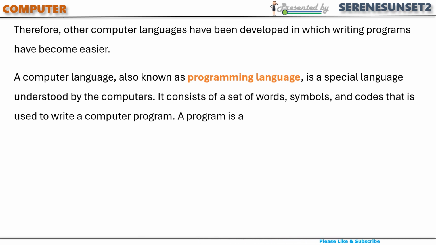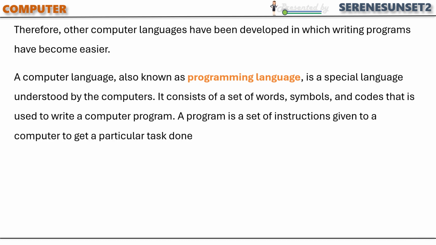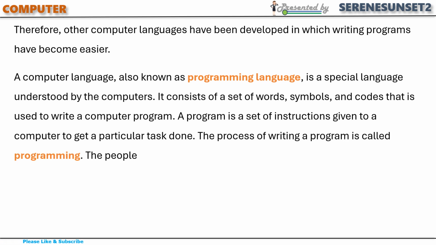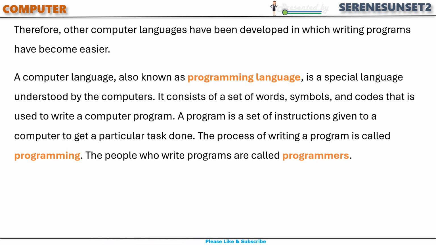A program is a set of instructions given to a computer to get a particular task done. The process of writing a program is called programming. The people who write programs are called programmers.